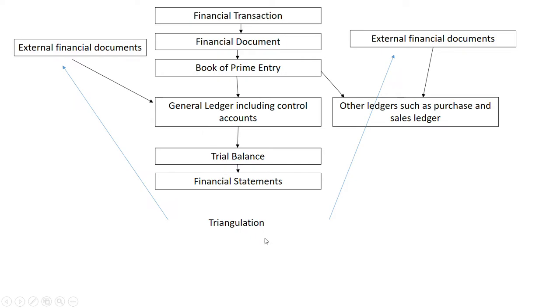And it's that triangulation here. This is another concept I'm going to introduce here: this idea of triangulating pieces of external financial information, financial documents, against our internal information, which allows us to have comfort that our figures are accurate. So that's why this approach is being taken, why it's being split up so much.